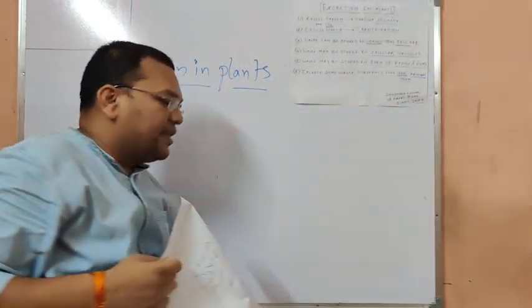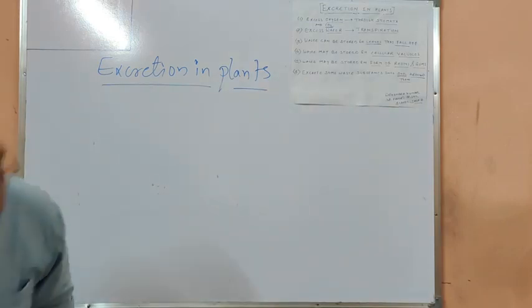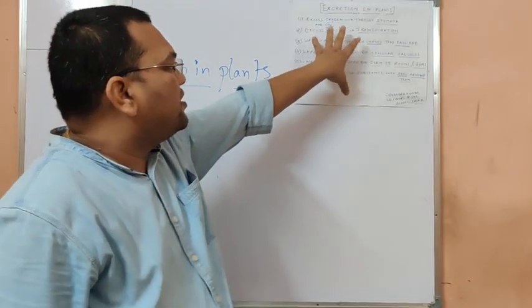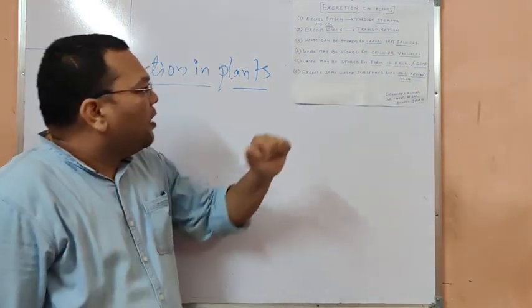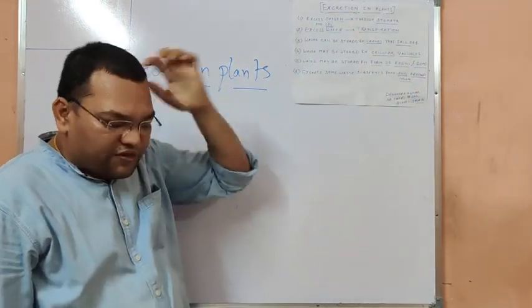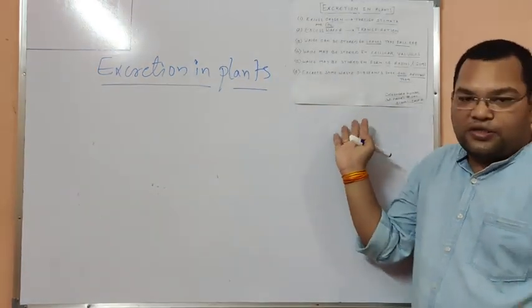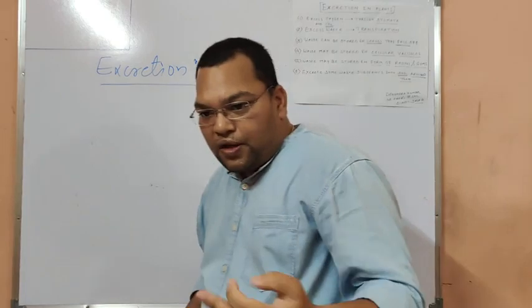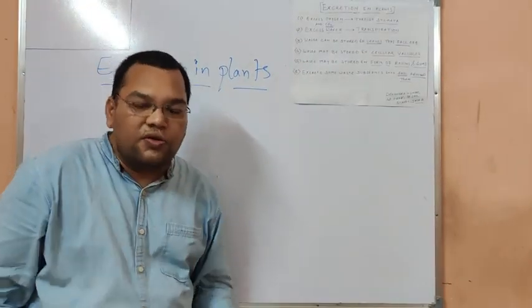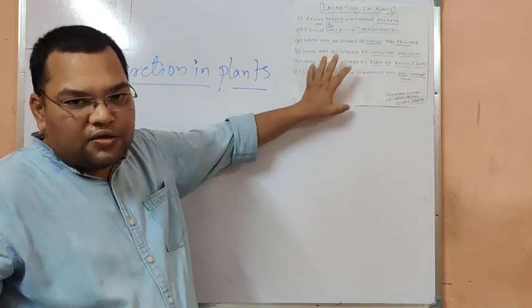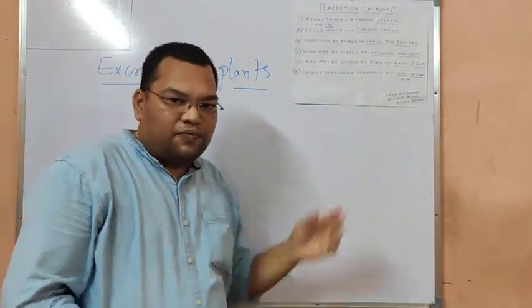There are six types of excretion in plants. I'm going to send these photographs in your group also, so please see from there if it is not clearly mentioned here.